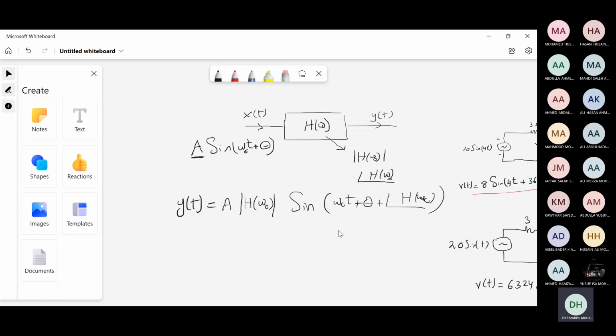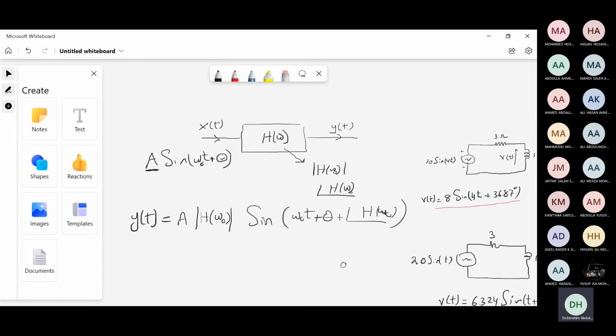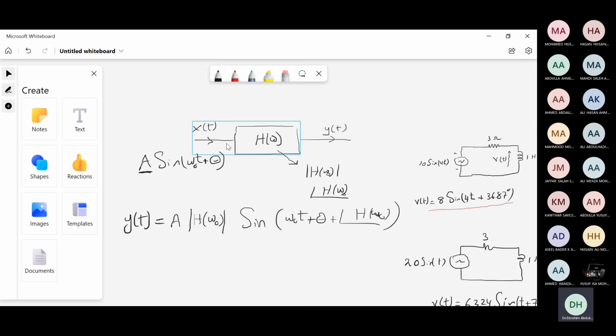So the conclusion here: if the input is sine, then the output will be sine. If the input is cosine, then the output will be cosine. So a sinusoidal input gives a sinusoidal output if and only if the system is linear time invariant.